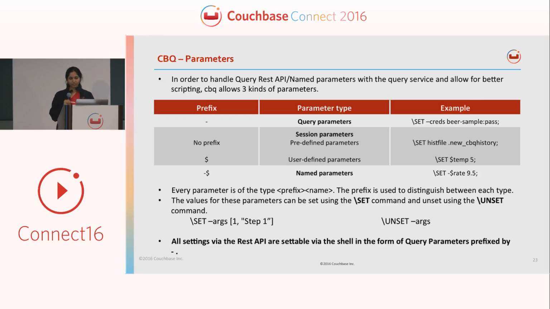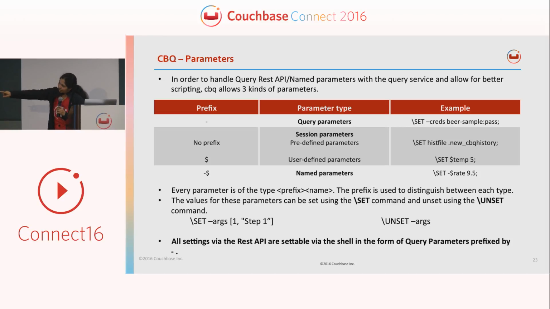Named parameters are also a type of REST API parameter, but they're separate because they're a specific type of parameter. Every parameter has a prefix and a name, so that we can distinguish between each type. All of these values can be set and unset using the set and unset commands, and you can see an example there. Here, args is a positional parameter, and this is how you set and unset it.